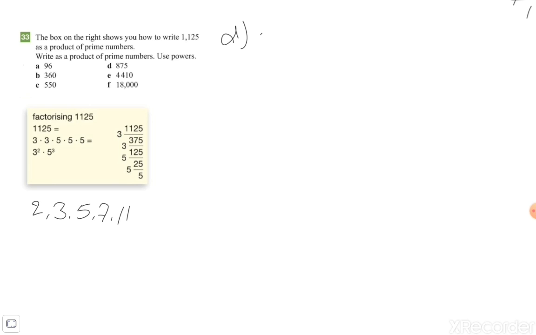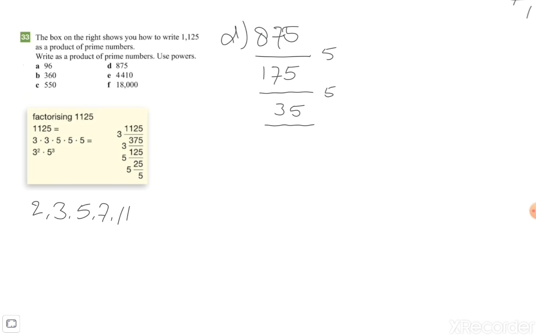Exercise D, 875. It ends with a 5, so we already know that you can't divide it with 2, and maybe you also see that you can't divide it with 3, so we can divide it with 5, because that's 175. It ends again with the number 5, so we can divide it again with 5, because that's 35.